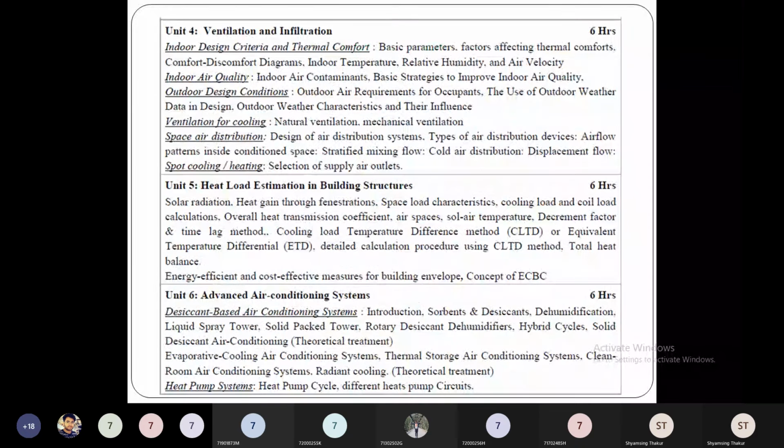Then unit number 4, that is ventilation and infiltration. There we are going to see the indoor design criteria and thermal comfort. Here we will see the basic parameters, factors representing thermal comfort, most interesting topic, comfort discomfort diagrams, indoor temperatures, relative humidity, air velocity.